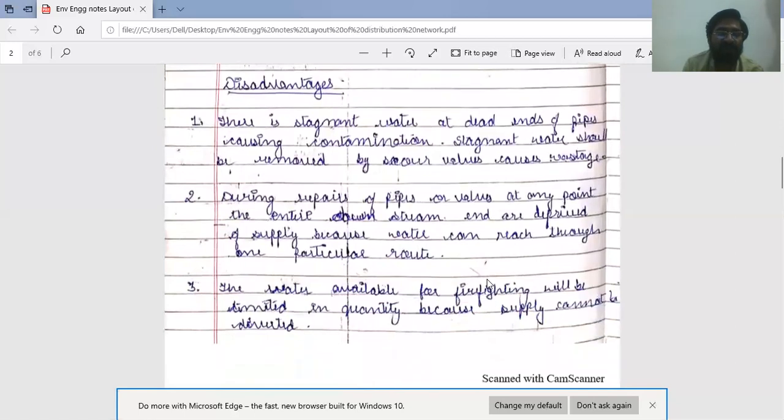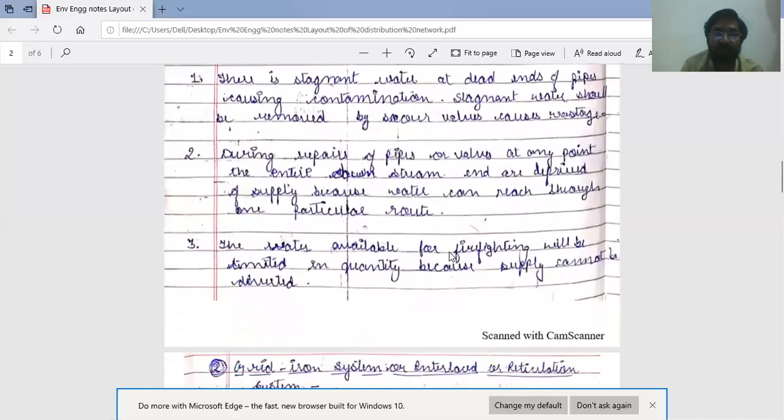Second disadvantage is during repair of pipes or valves at any point, there is some obstruction in supply. The entire downstream end is deprived of supply because water can reach through one particular route.